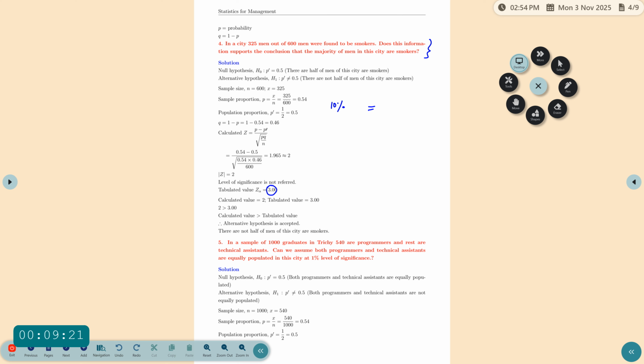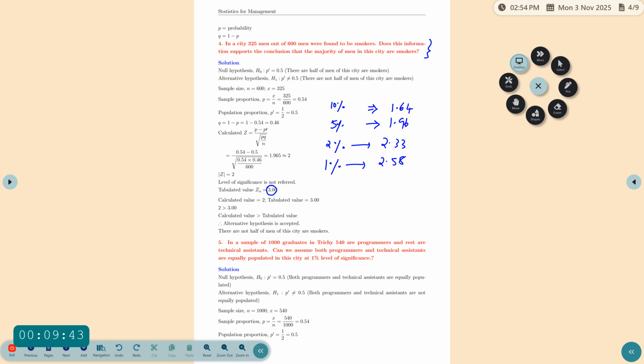So what will Z alpha be? Z alpha will be 1.64. If it is 5%, then this will be 1.96. If it is 2%, this will be 2.33. If it is 1%, this will be 2.58.